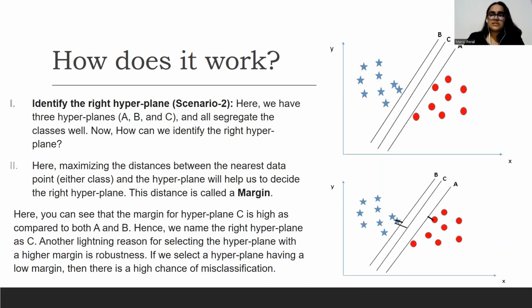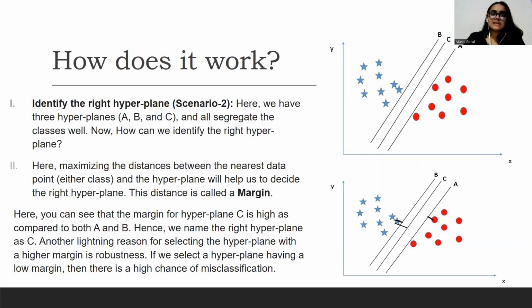So how does this SVM, that is support vector machine, actually work? The first step is identifying the right hyperplane. Here we have three hyperplanes, that is A, B, C, and all segregate the classes very well. However, how can we identify the right hyperplane?